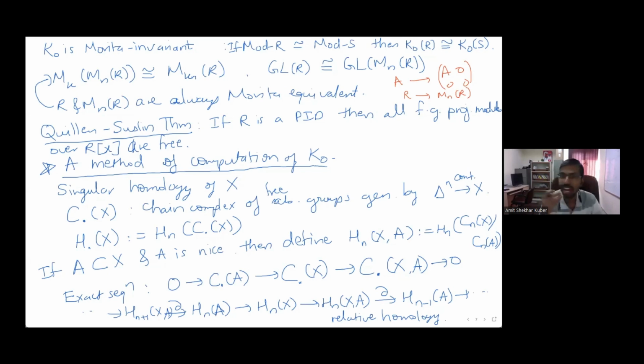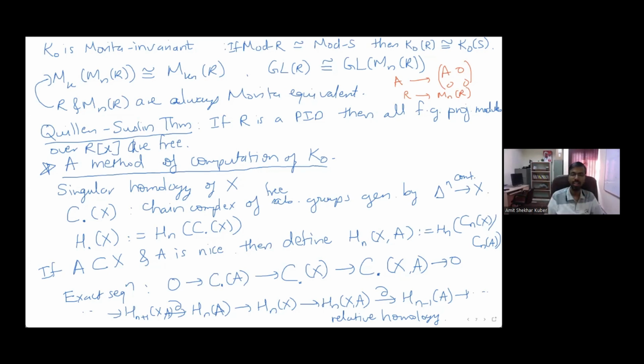Yes, Naba, can you speak again? Sir, I was suggesting that we can embed R into MNR via the scalar matrices, meaning A on the diagonal and other entries 0. Oh no, we are not using that particular one.